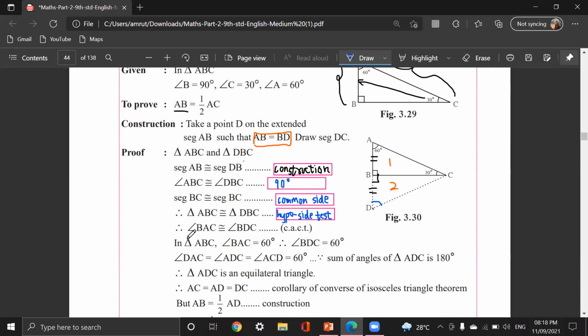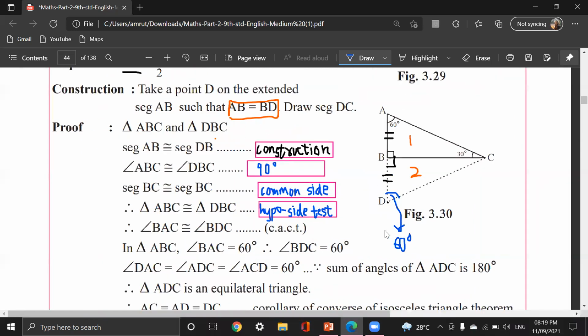That means this angle will also be 60 degree now. In triangle ABC, angle BAC is 60 degree. So therefore BDC will also be 60 degree, because BAC is 60 and both are congruent.